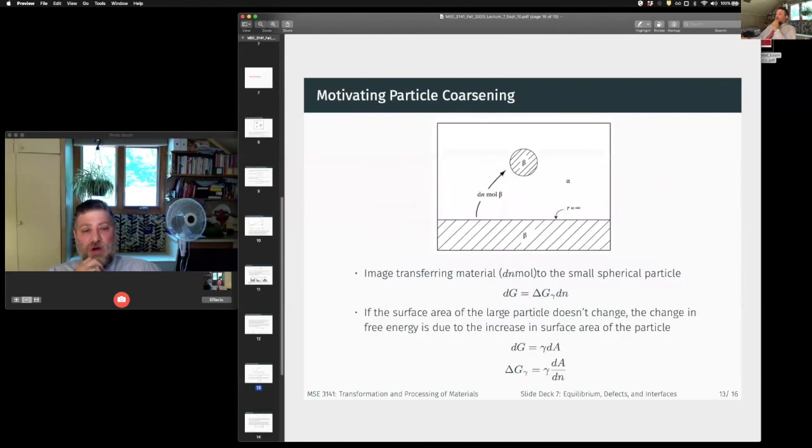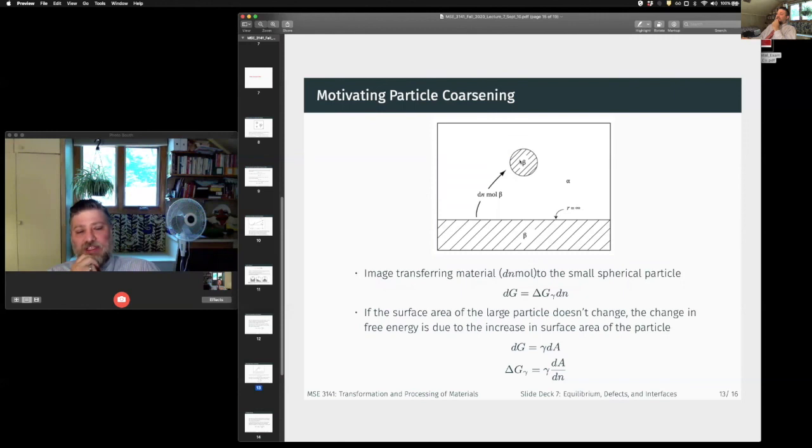So what this tells us is that the system can actually reduce its overall free energy by doing this change in reverse. If we move material from small particles to big particles, we can reduce the free energy, right?